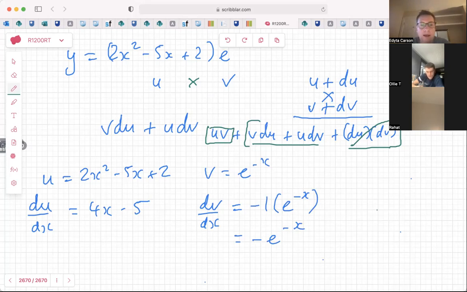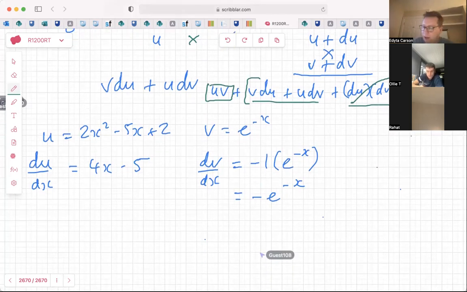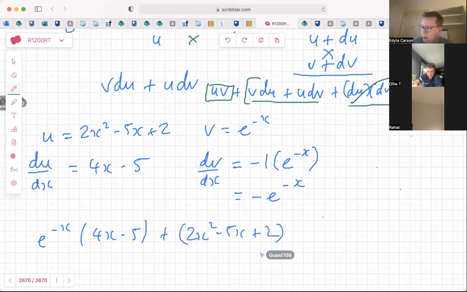Okay, so now we just substitute all those four things into v du plus u dv, and that'll give us the derivative. So v is e to the minus x times du, which is 4x minus 5, plus u dv. So u, 2x squared minus 5x plus 2, times dv, minus e to the minus x. That's what it differentiates to.